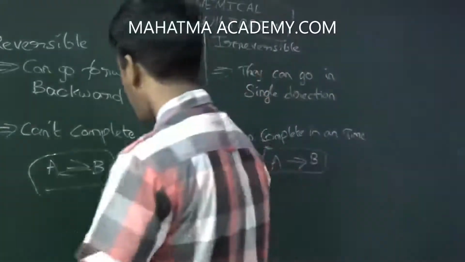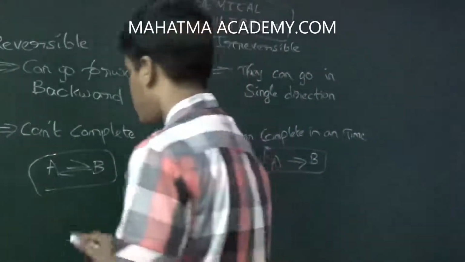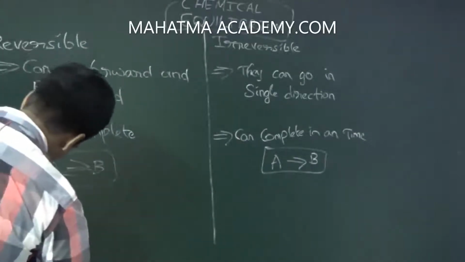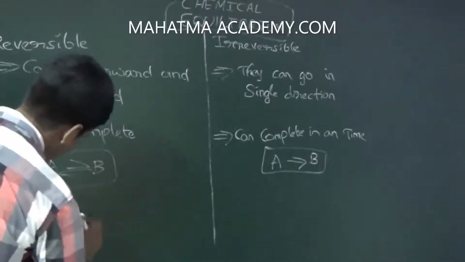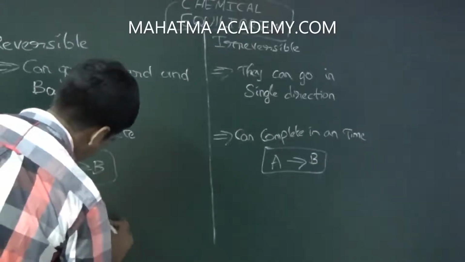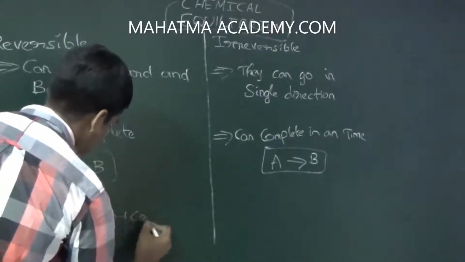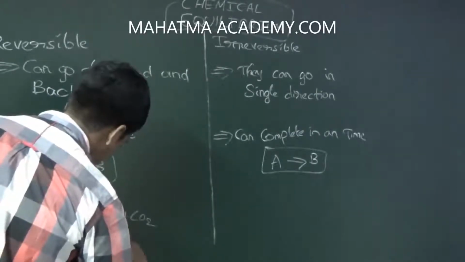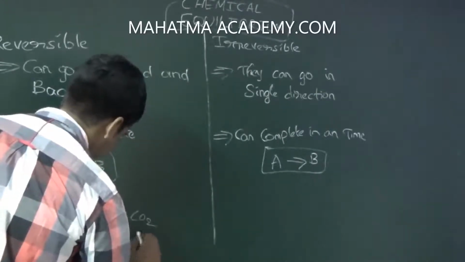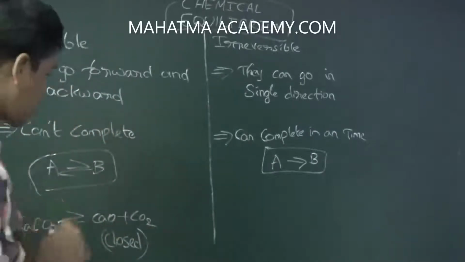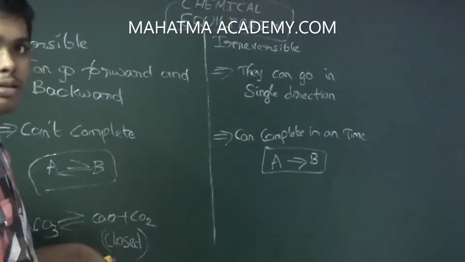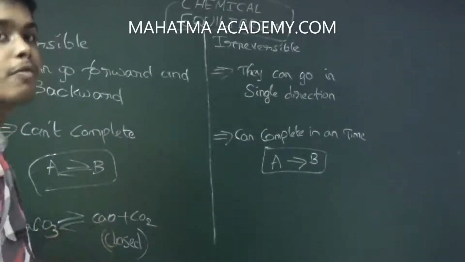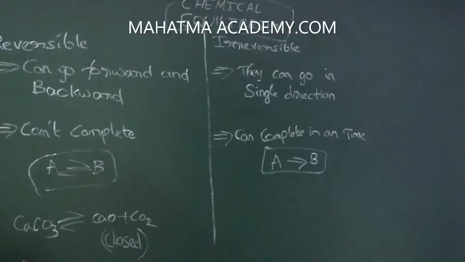Now there are a lot of examples. CaCO3 gives CaO plus CO2 in a closed vessel, because in the closed vessel CO2 can combine with CaO and form CaCO3.